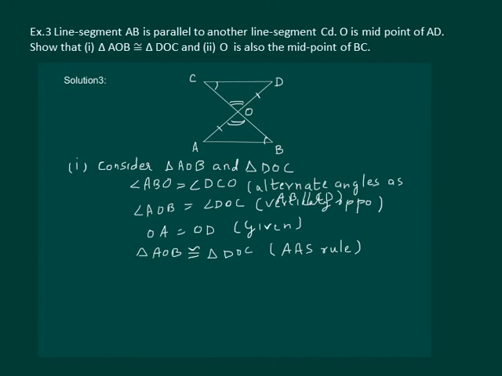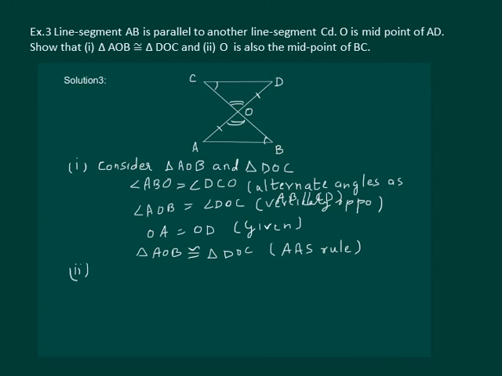And now it is very easy to prove the second part, in which we have to prove that O is the midpoint of BC. Now since the two triangles are congruent, by CPCT the corresponding sides and all the corresponding angles will be equal. So that would mean that angle A will be equal to angle D and OB will be equal to OC.